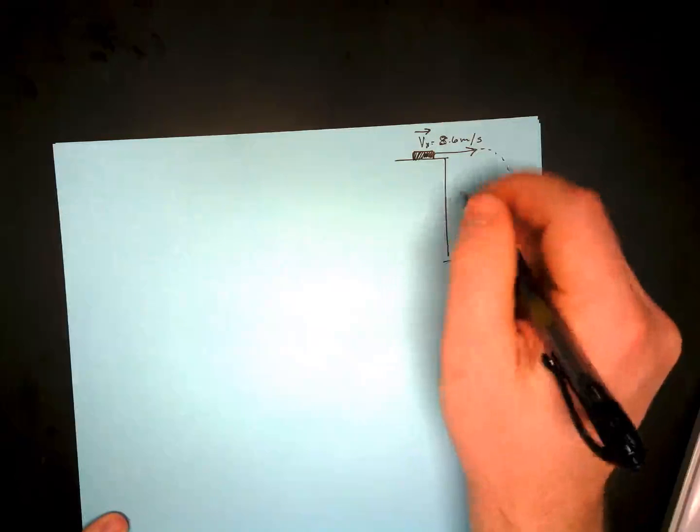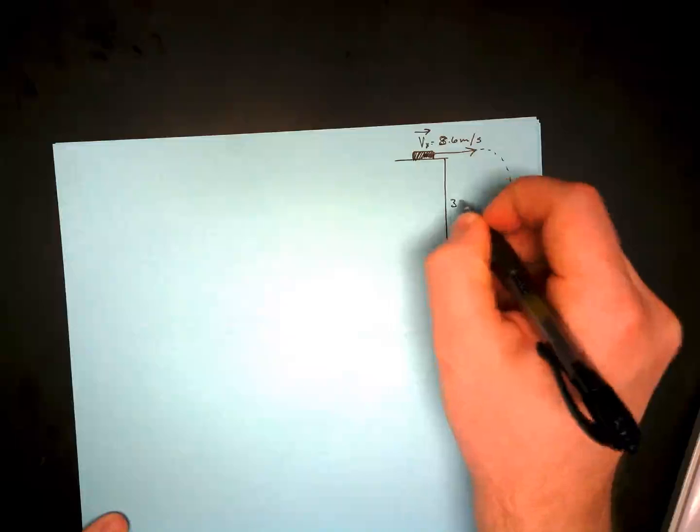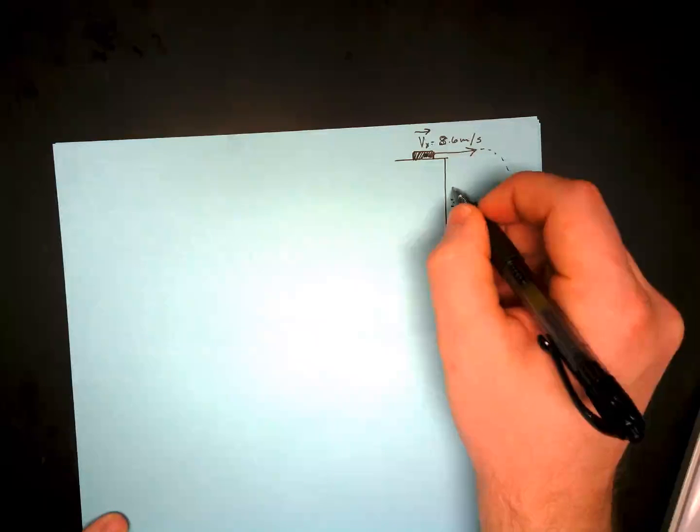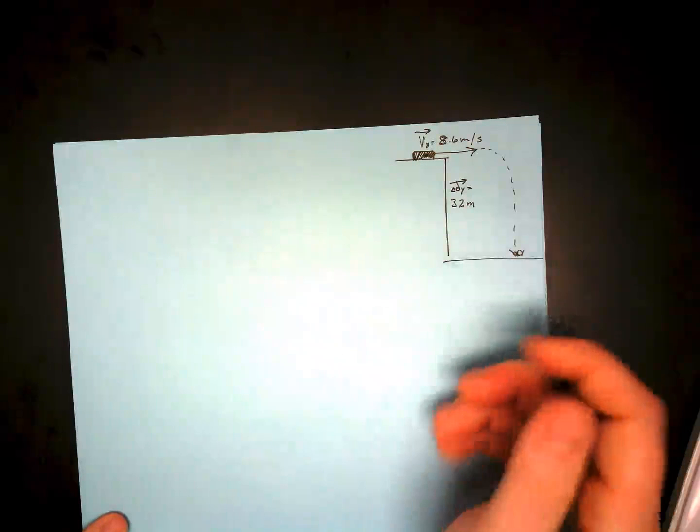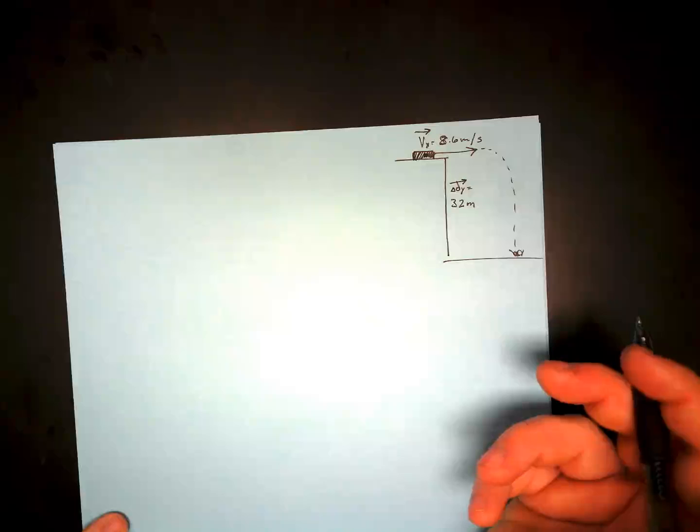And the height of this is going to be 32 meters. So this is going to be our dy. Okay, that's what we're given. So now we've got to solve for everything else.